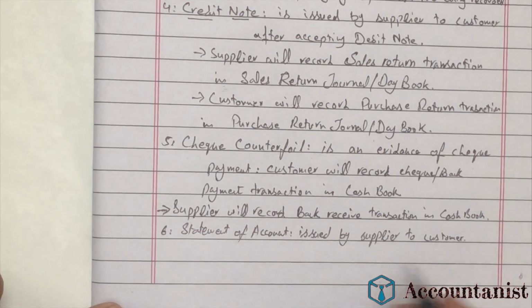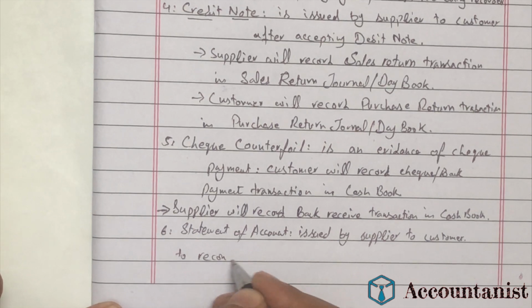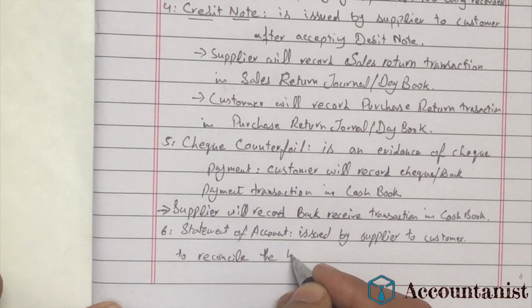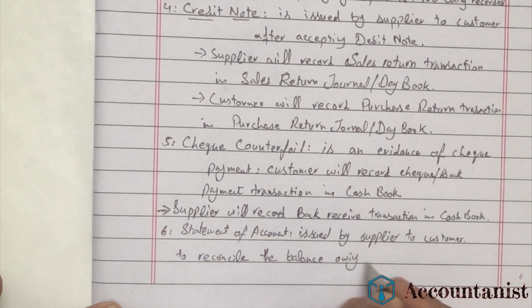The purpose of this document is to reconcile or double check the balance owing at the end of that particular date.